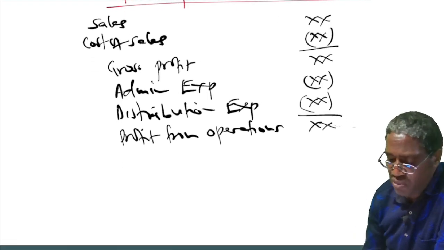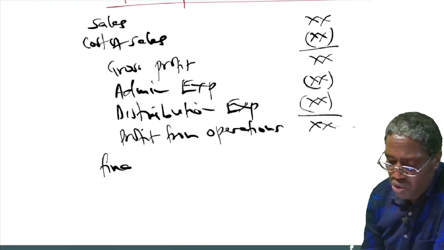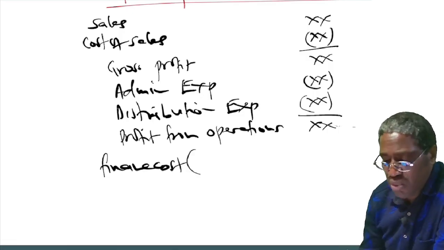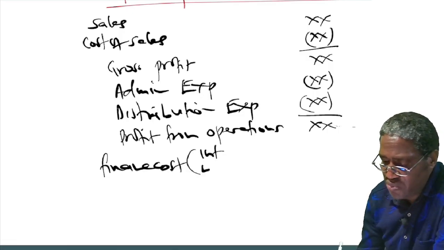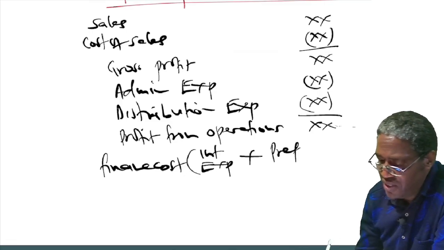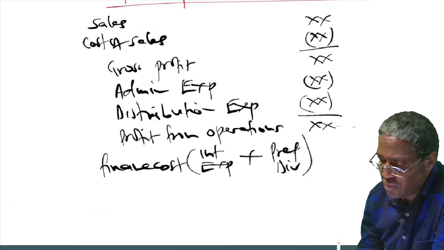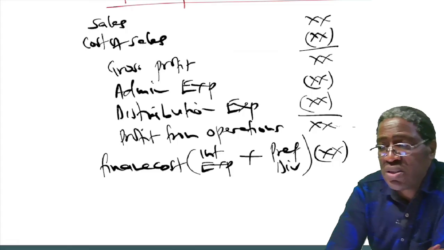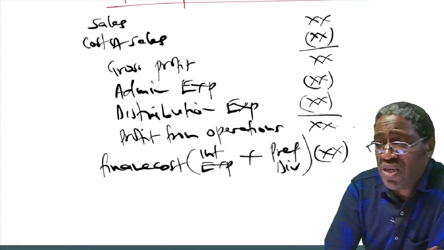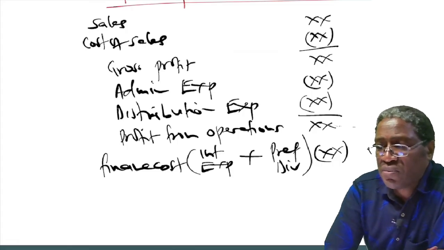Then I said from there, you come to what we were calling finance cost. In bracket, you can put in bracket interest expense plus preference dividends. Then you show whatever it is, you minus. Of course, we shall talk about preference dividends in details in a short while.